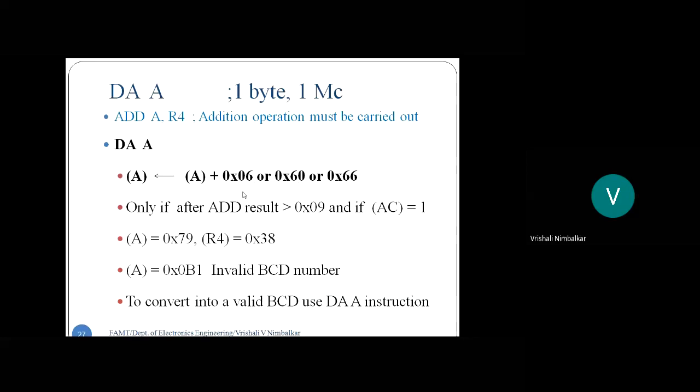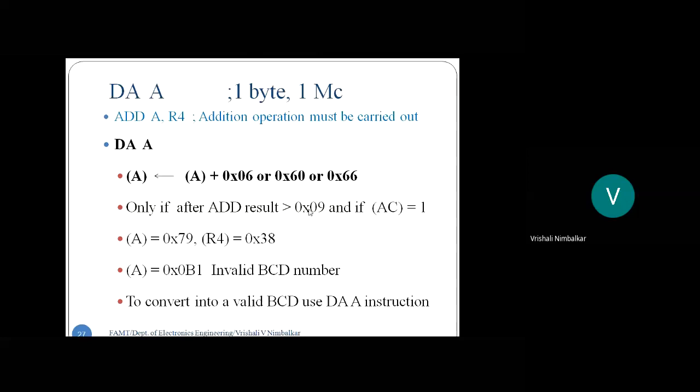See, BCD 79 is BCD. How do we write 79? 0111 is 7 and 9 is 1001. So 9 is 1 BCD digit, 7 is 1 BCD digit. So that's a 2-digit BCD. Hence, either add 06, it means you're adding 6 to the lower digit, or add 60, you're adding 6 to the upper digit, or you add 66, you're adding 6 to the lower as well as upper.